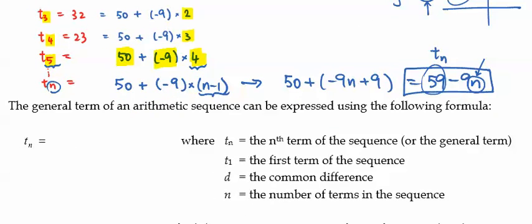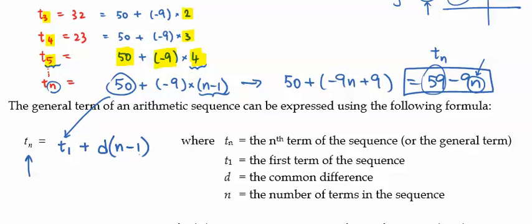So based on what we see, we can now come up with a formula for any arithmetic sequence that started with a given first term, which we call term number 1, and you keep adding the same number again and again for this many times.